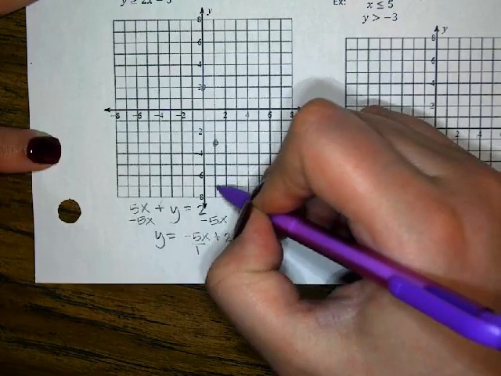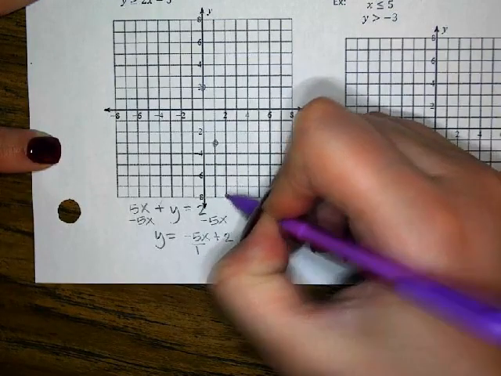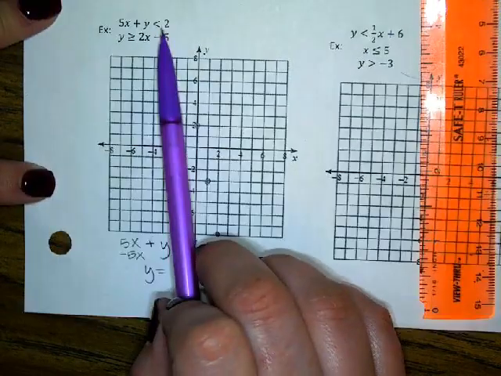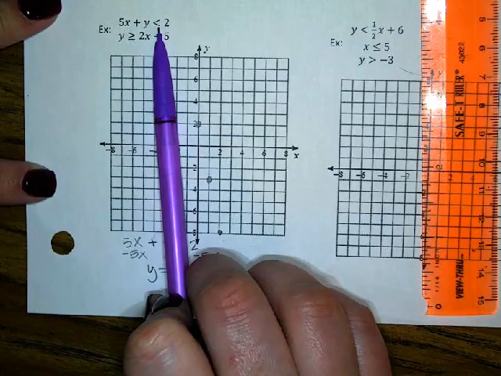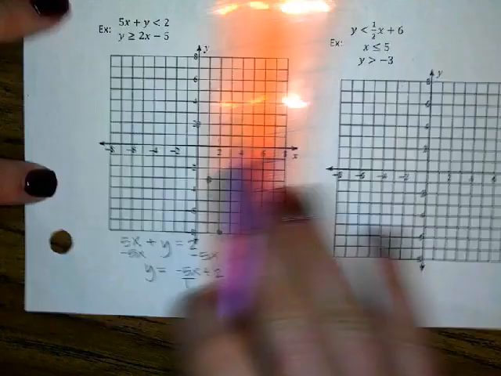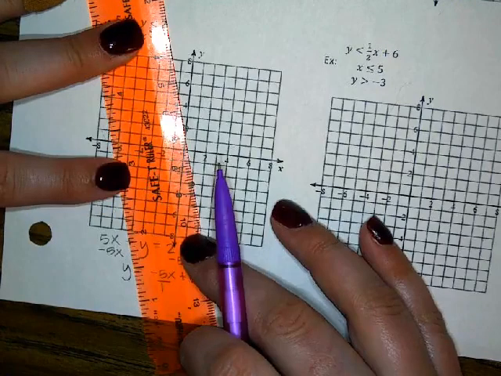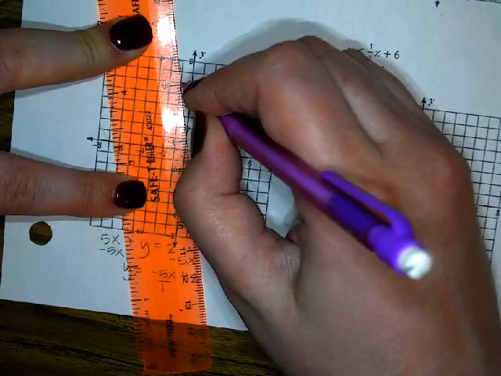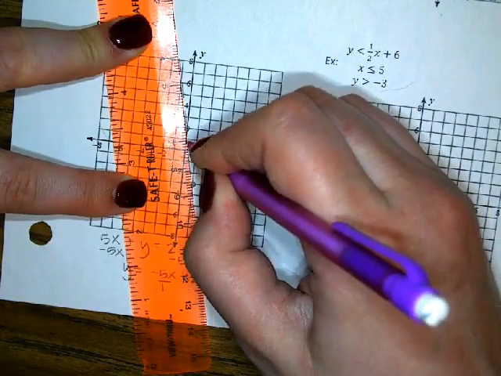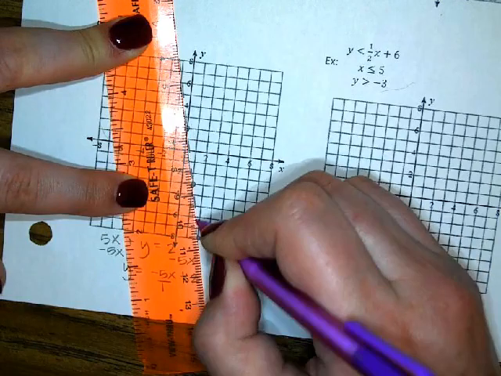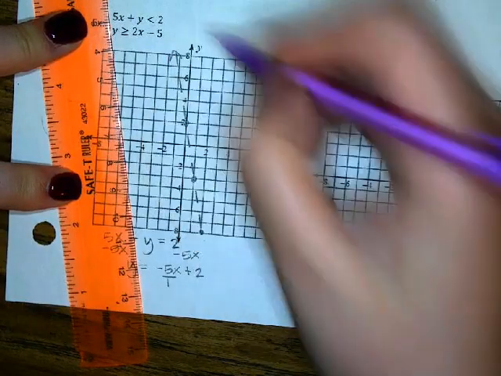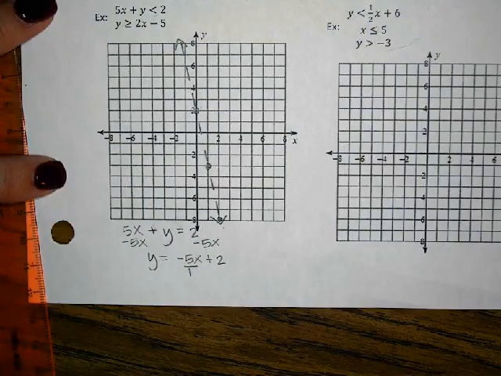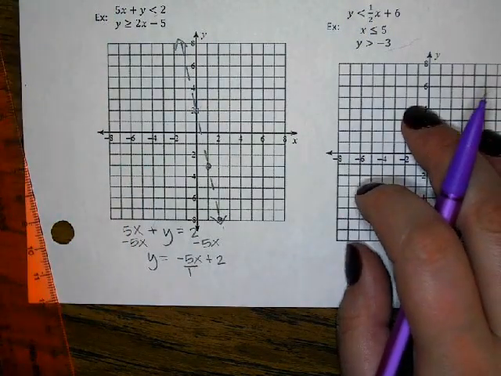And then if we look back at the problem, based on the symbol, is this a dotted line or a solid line? Dotted. Okay. What point would you guys like to plug in? 1, 1. So 1, 1 is right here.